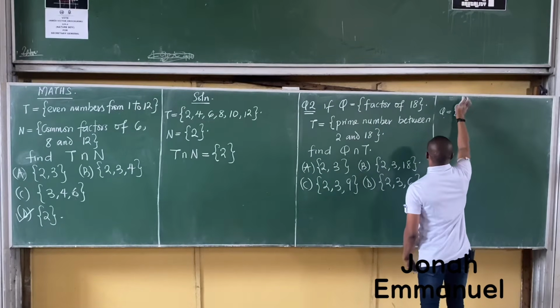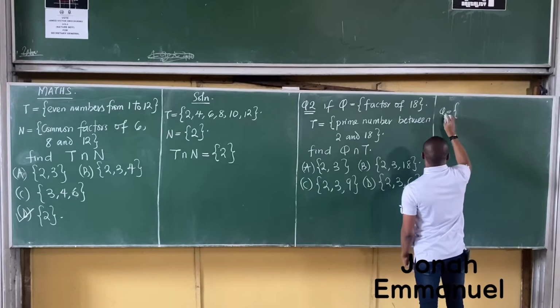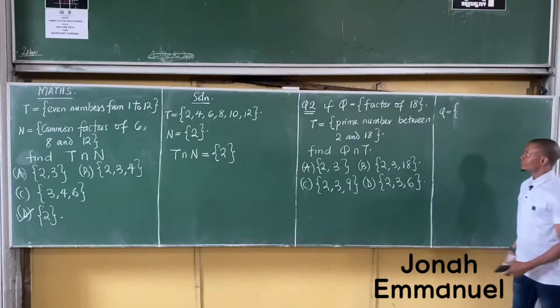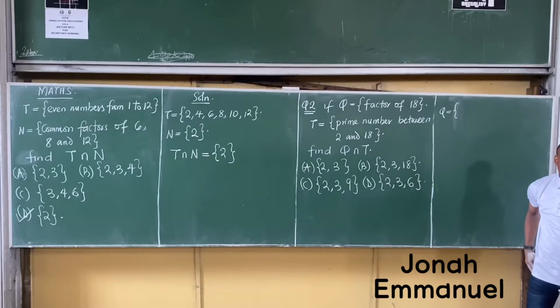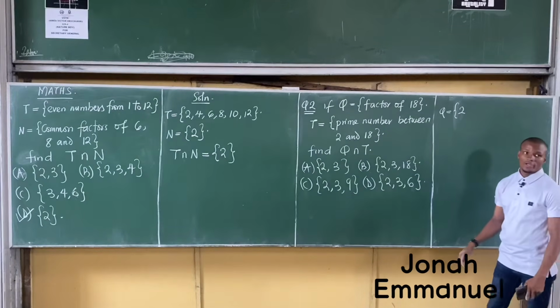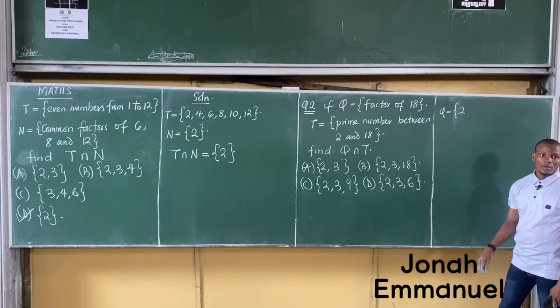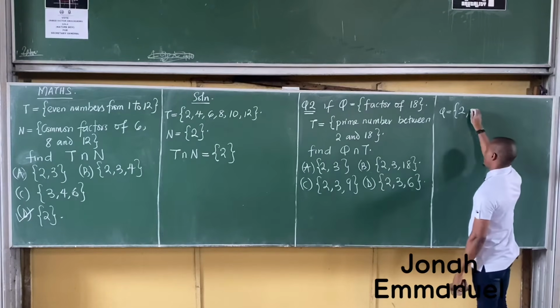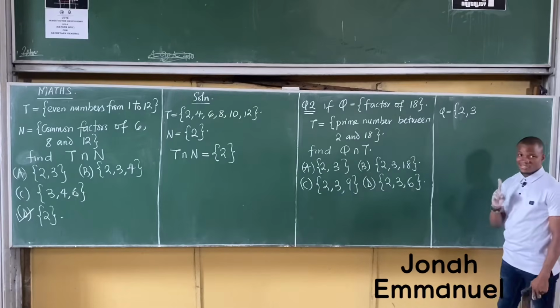List out all elements in Q. For Q, what do I have? Factors of 18. Those numbers that can divide 18 without remainder, what do you have? 2 can divide 18 without remainder, that will give you 9. After 2, what next? 3. 3 can divide 18 without remainder, that gives you 6.